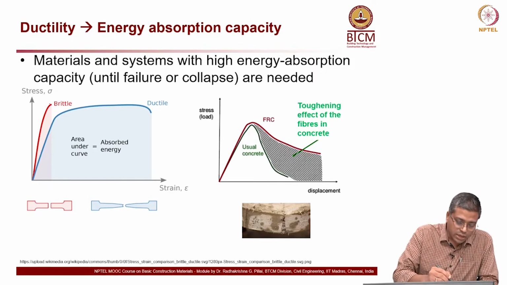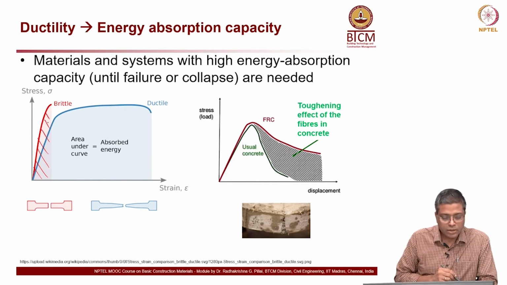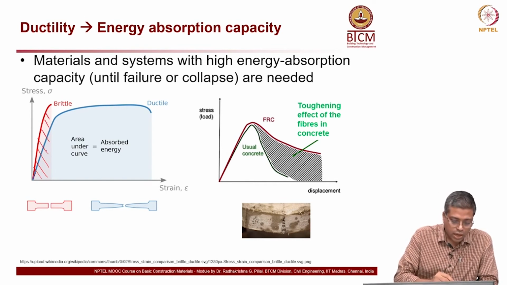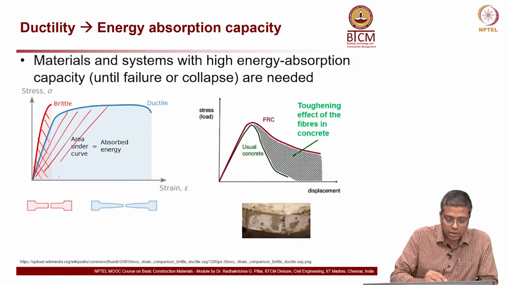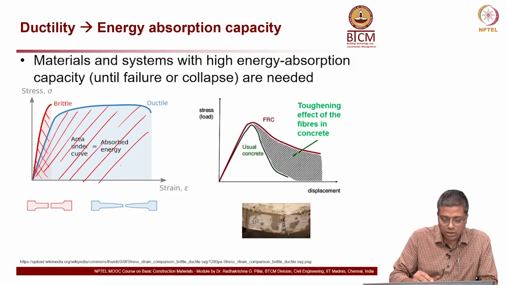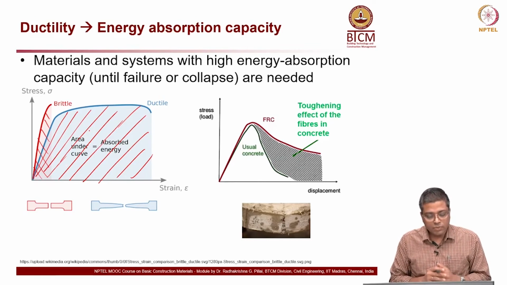So, here on the left side, the red brittle curve, you can see this is the area under the brittle curve, and you have another, larger area under the ductile curve. Definitely the one under the ductile curve is much more.